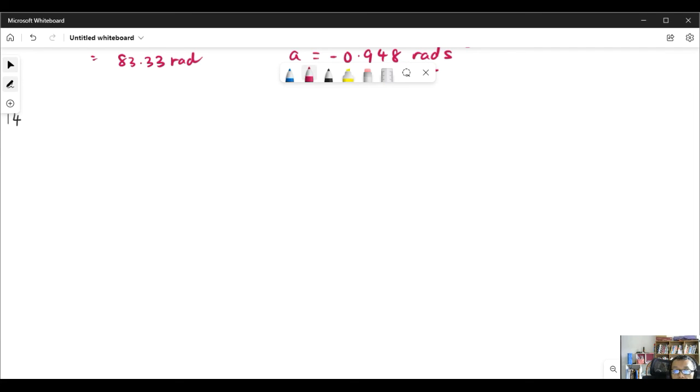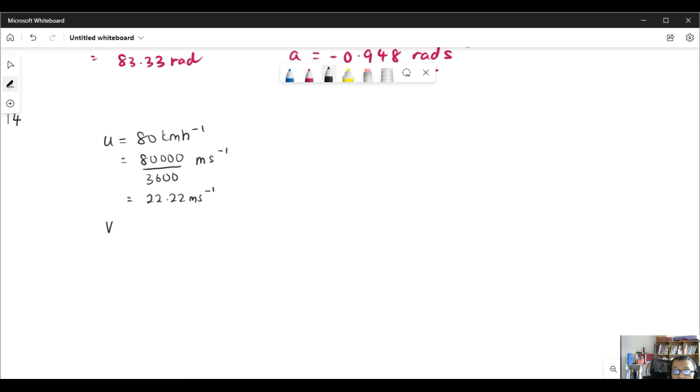For question number 14, the initial velocity, 80 km per hour. You need to convert it to meter per second. So 80,000 divided by 3,600. That will give you 22.22 meter per second.